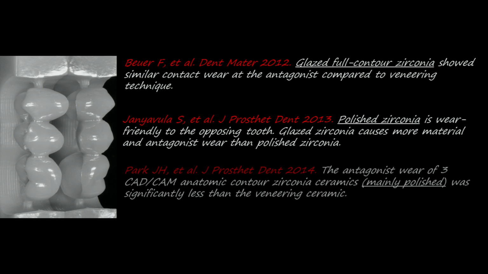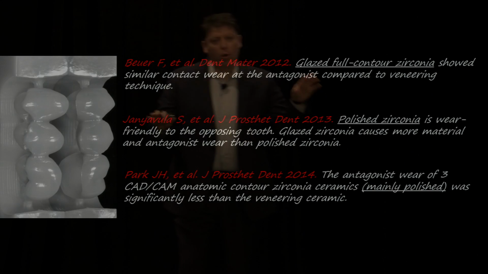And here's another study that was kind of on the fence. I can tell you one thing. I would prefer to use a material that has better wear properties, does not wear the opposing dentition, after I polish it. Because always after cementation, we're going to have to do some minor occlusal adjustment and then polish, and then we're in better shape.